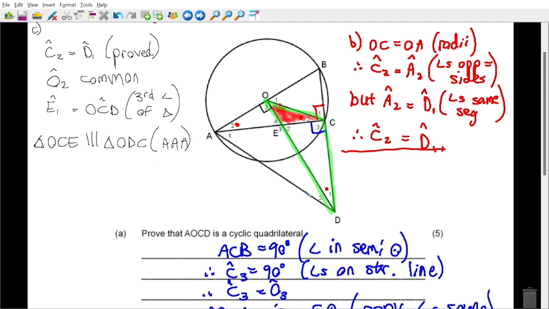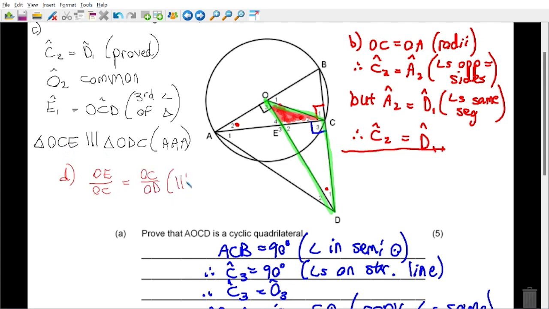Okay, and then the very last question that we're going to look at, question D. All right, I'm just going to go back to a red pen here. But question D, prove that OE·OD is OC squared. I'm going to try and pull a ratio out of here. I know that OE, if I take OE from the first triangle, divided by OC, will be the same as if I take OC divided by OD.